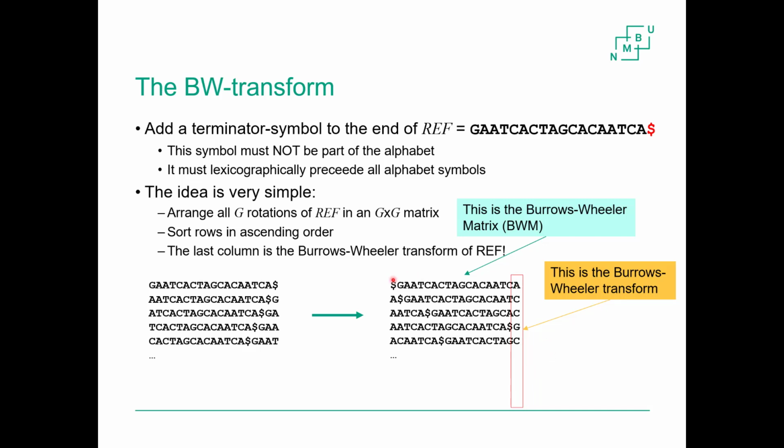So from this Burrows-Wheeler matrix, what we are now storing, or bringing with us into the next slide, is this last column, but also the first column here. And we forget about everything in between.